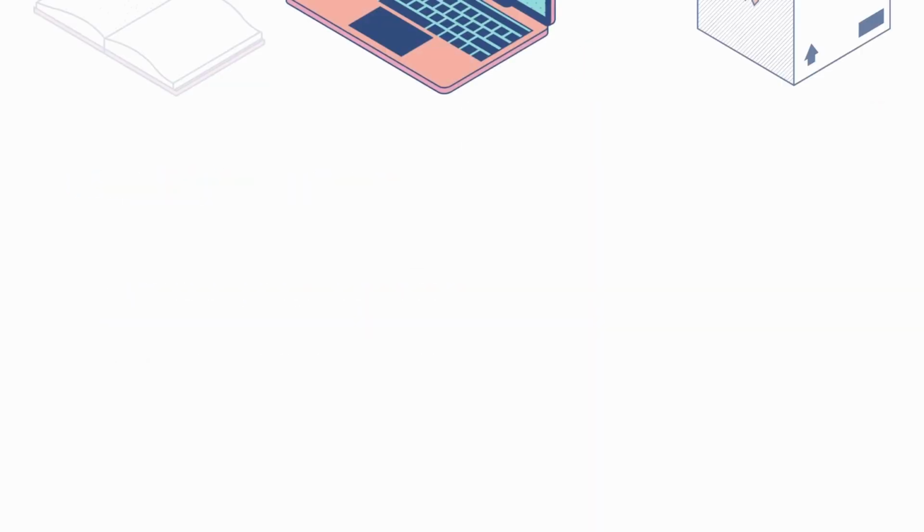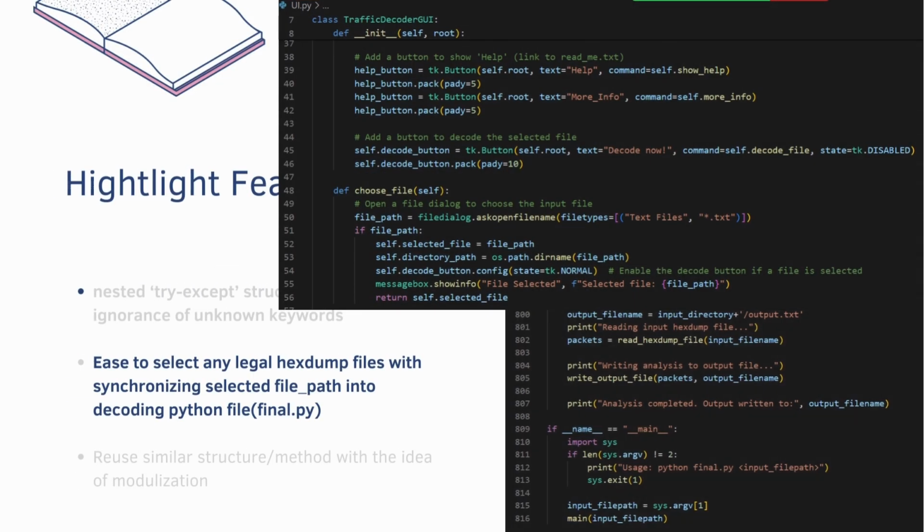The second highlight feature is the ease of selecting any legal hexdump file, synchronizing the selected file path into the coding Python file, which is final.py. On the top is the user.py.